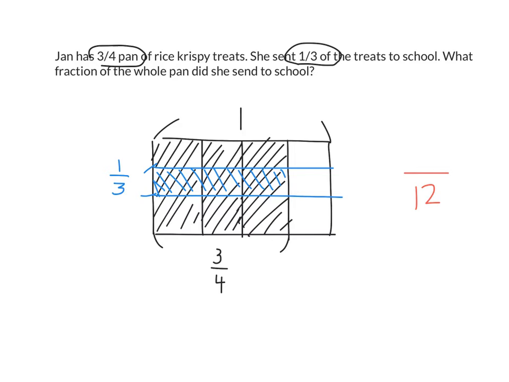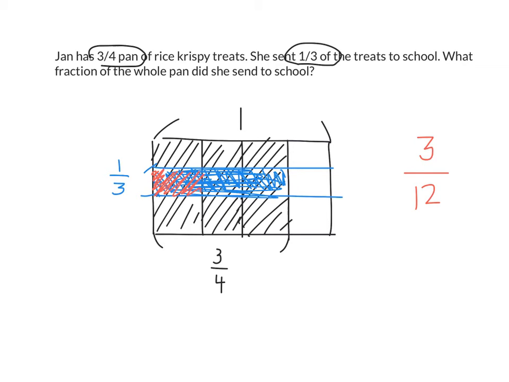3/12. Maham, how do we know it's 3/12 and not 1/12? I love your fabulous fail. Yeah, I accidentally shaded 1/12 instead of 3/12. Right? Don't forget, she's bringing in 1/3 of all of what she made. If what Maham did was this, you guys, for those of you who couldn't see her paper, she only shaded in that much.